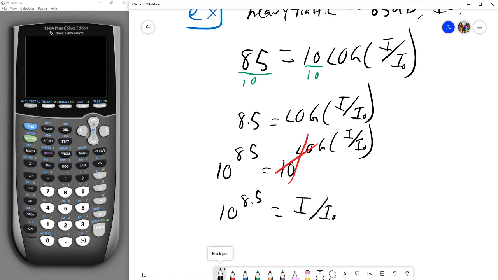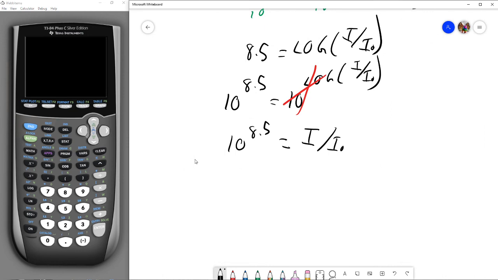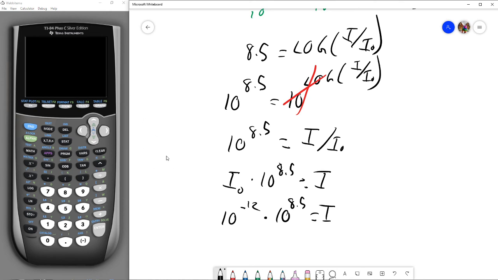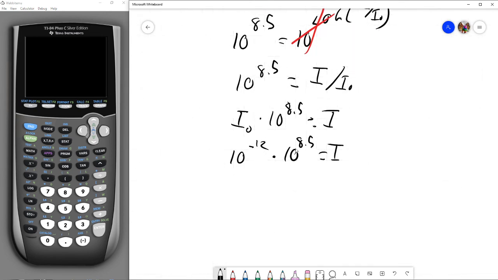Now we just need to multiply both sides by I naught. So we have I naught times 10 to the 8.5 is equal to I. And since I naught is 10 to the negative 12, we have 10 to the negative 12 times 10 to the 8.5 equaling I. And that's the same thing as 10 to the negative 3.5.